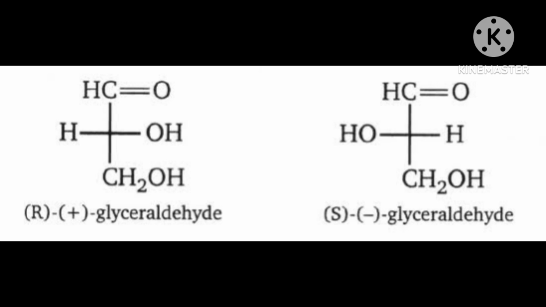For assigning the configuration of monosaccharides, it is the lowest asymmetric carbon atom which is compared. Here again is an important point, because glucose has 6 carbons, but if you want to tell whether you should write D or L, then you consider only the last 2 carbons.